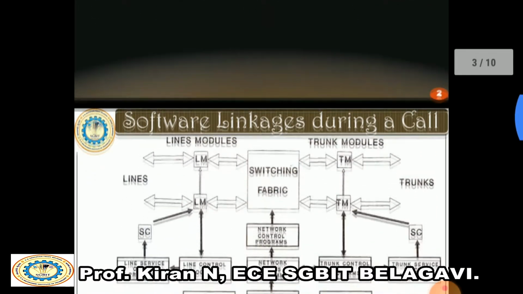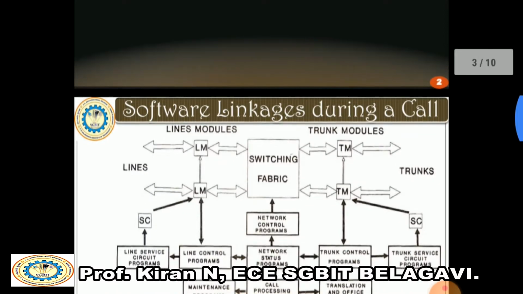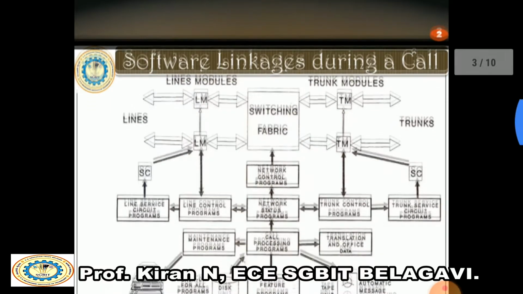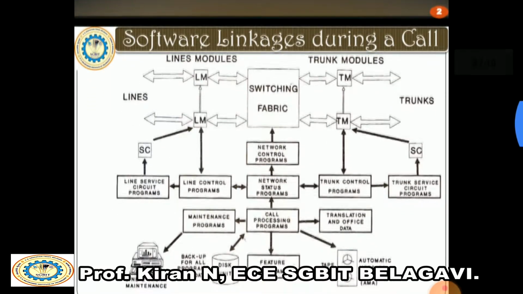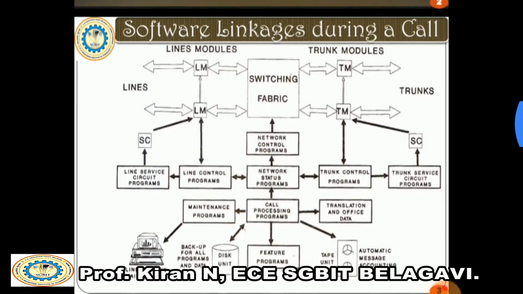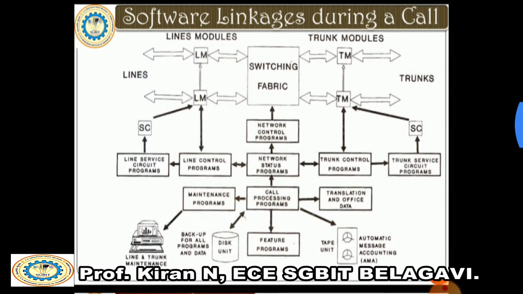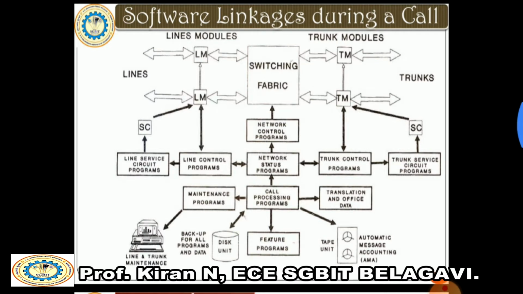So here, the line control program helps in scanning the status of lines through the line modules and helps in recording the status in the network status program. The line control also works with the line service circuit programs in providing a dial tone, digit receivers, and ringing circuits to the subscriber lines.